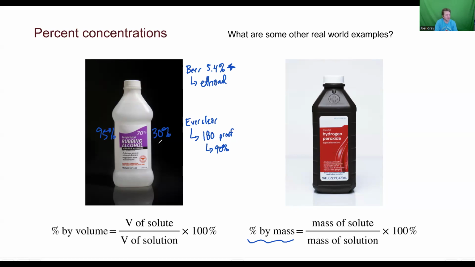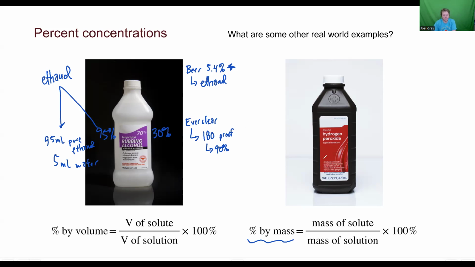And effectively, what that means is that you've got ethanol, and if you had 95% ethanol or 95% rubbing alcohol, you're looking at 95 milliliters being pure ethanol and 5 milliliters being water, because it's a volume by volume ratio.